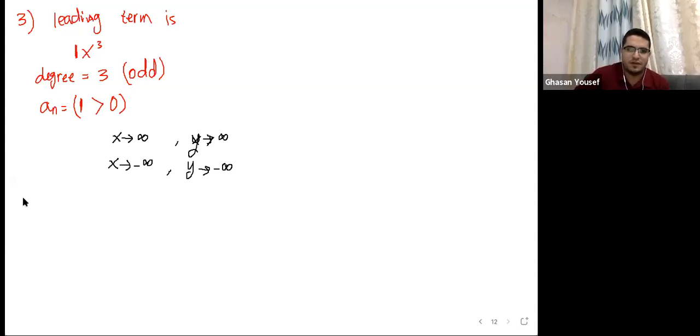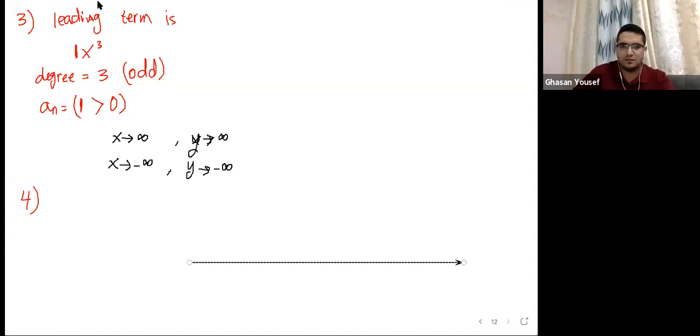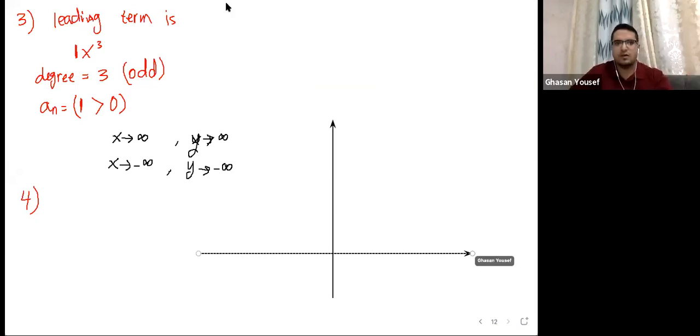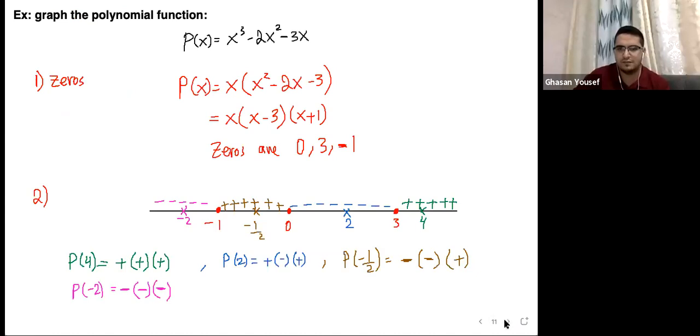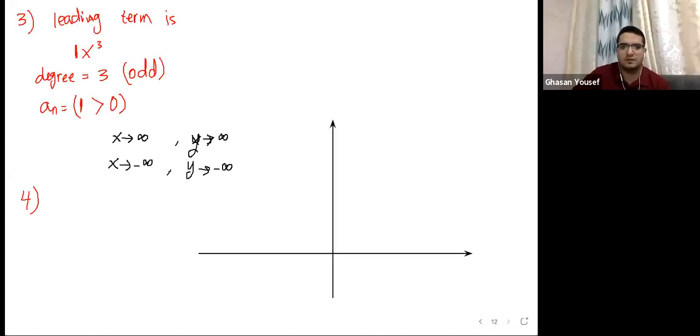So number 4, graphing. You have to draw the Cartesian plane like this and put the zeros on the x-axis. Okay, what are the zeros? From the first step, they are minus 1, 0, and 3.